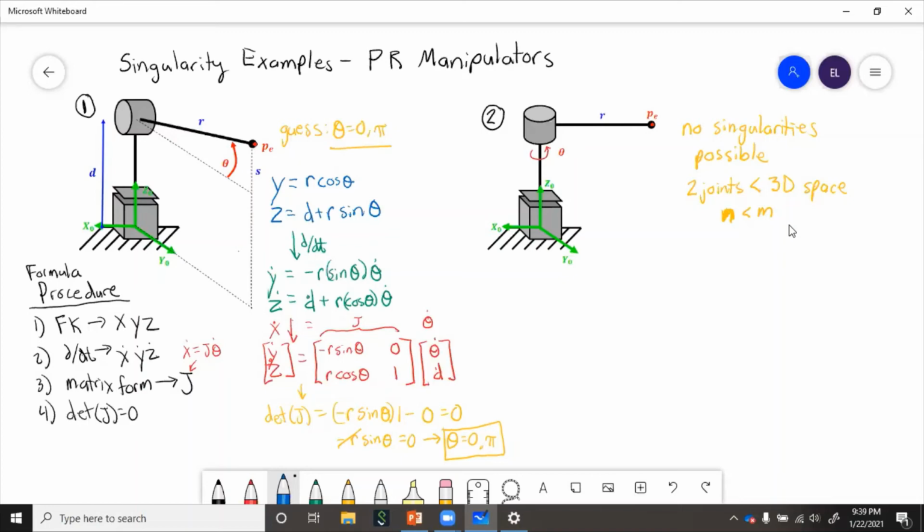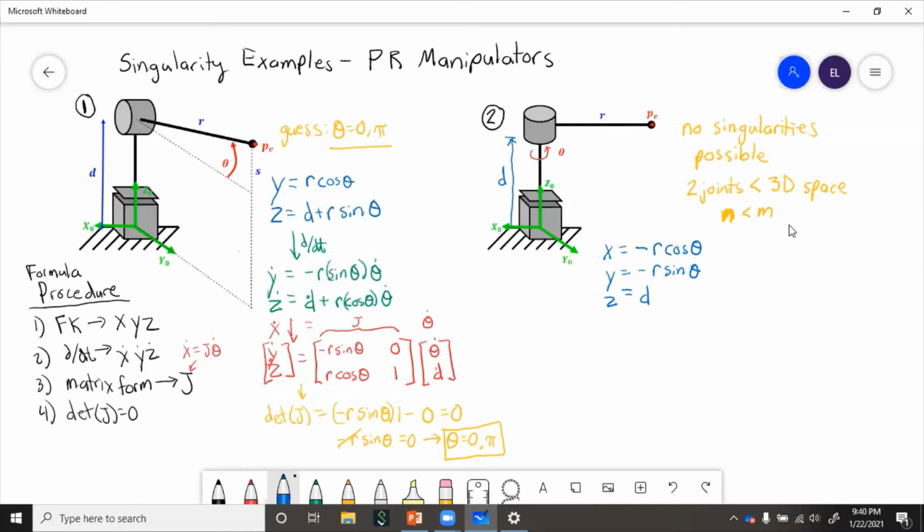So looking at this, okay, if the robot starts out in this initial configuration, pointing in the negative x direction, then x equals negative r cos theta, y equals negative r sine theta, z equals d, where this is d.